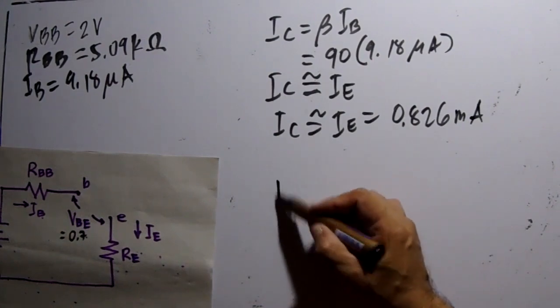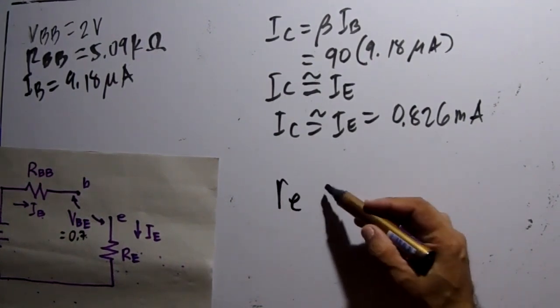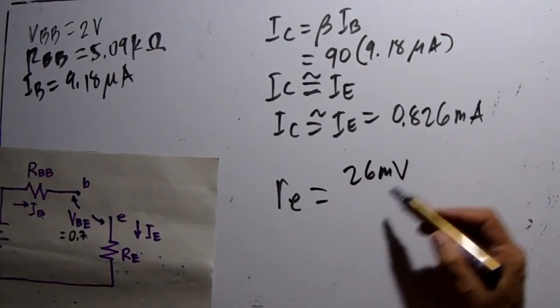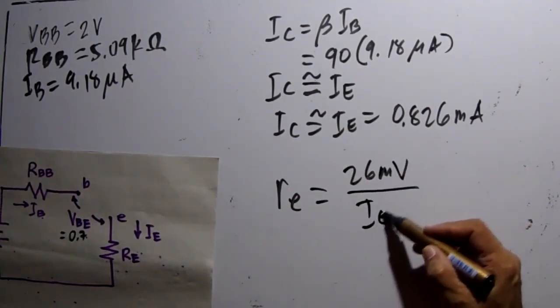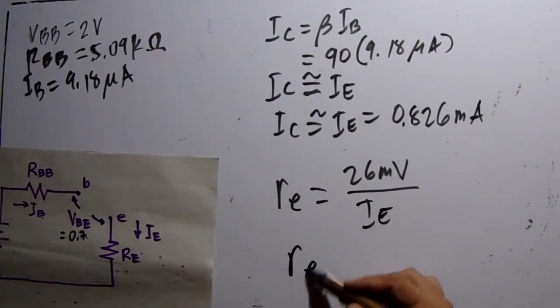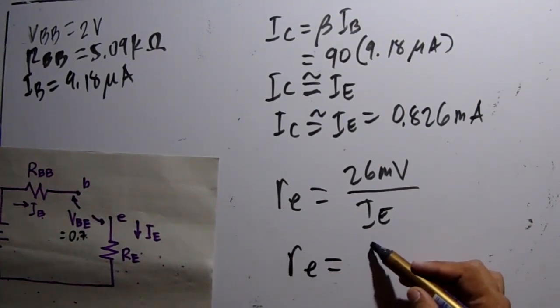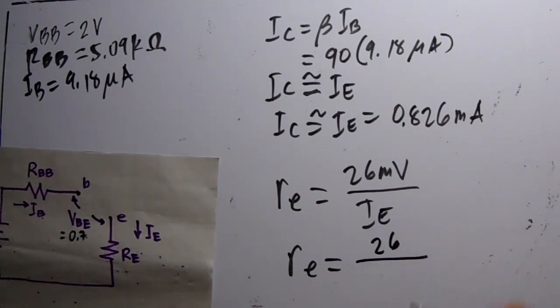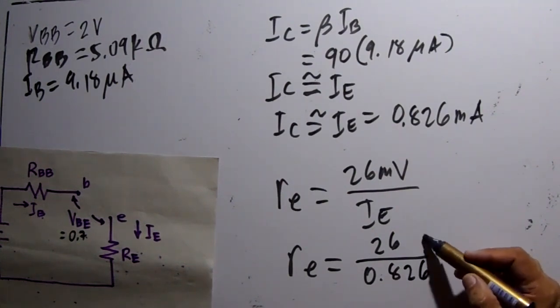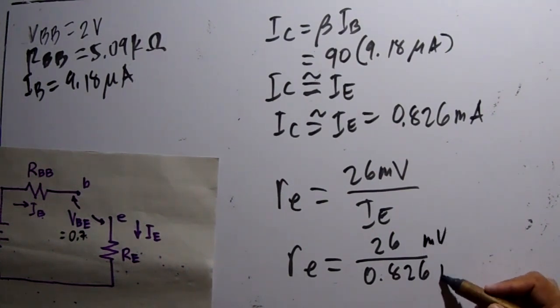We have the formula re, or the AC resistance, to be equal to 26 millivolts divided by IE, and if we compute re, we have 26 divided by 0.826, millivolts and milliamperes.